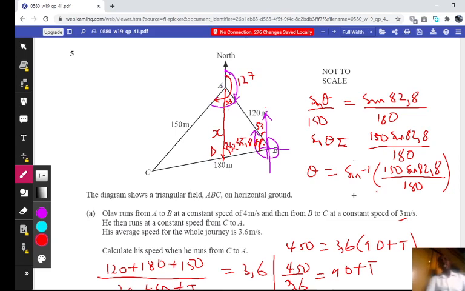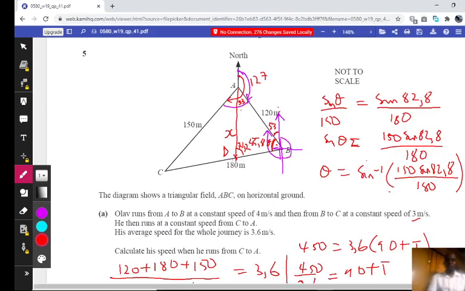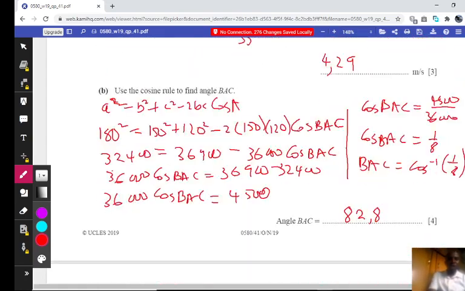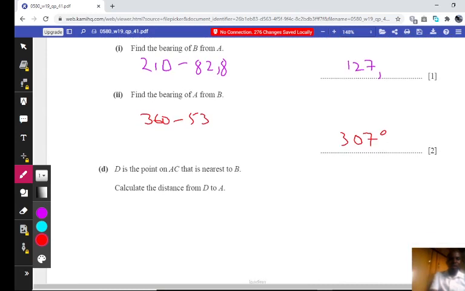So if I want to find the side, put the sides on top.